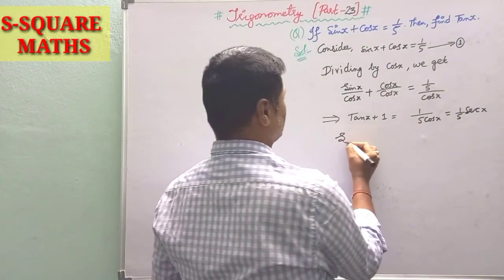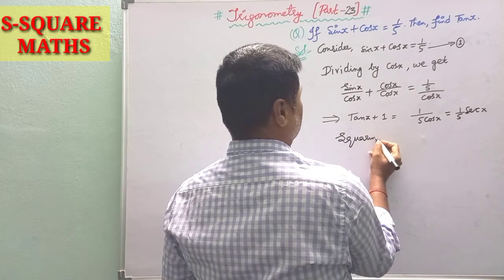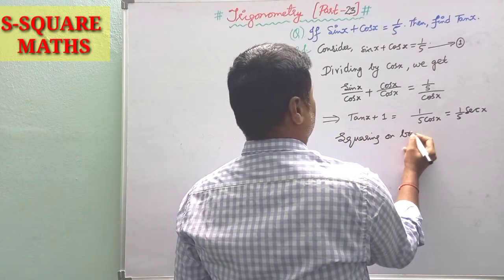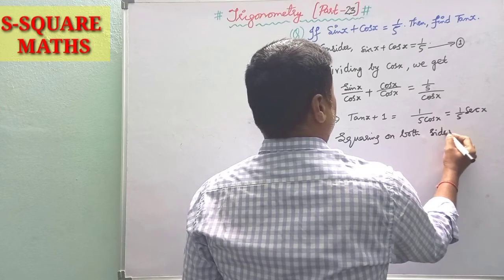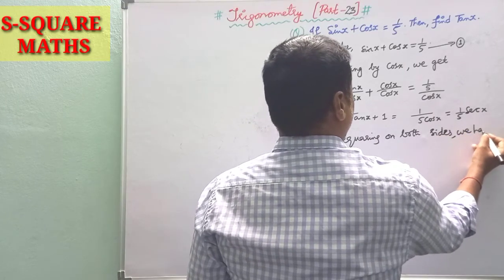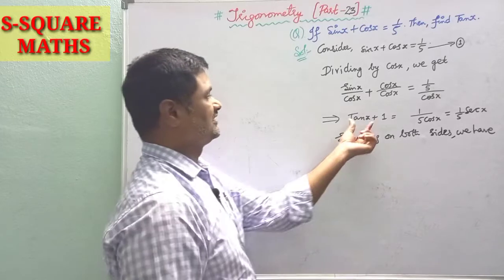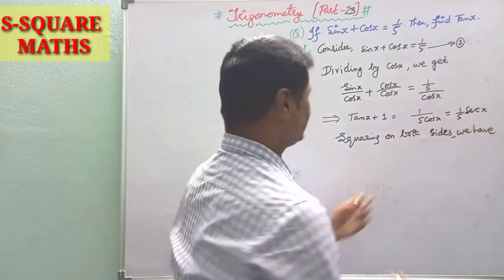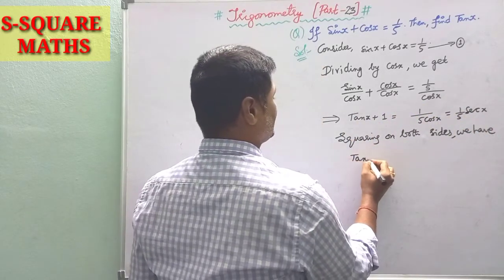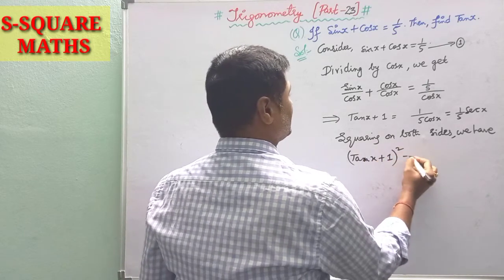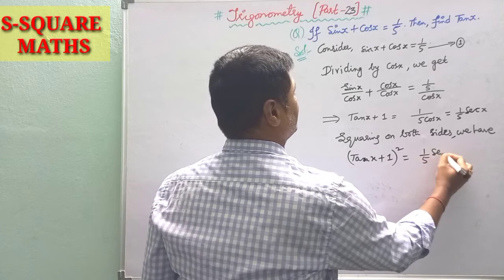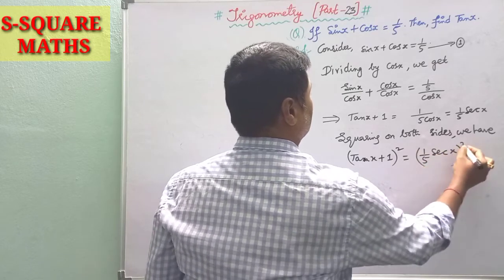Squaring on both sides, we get tan x plus 1 the whole square is equal to 1 by 5 sec x the whole square.